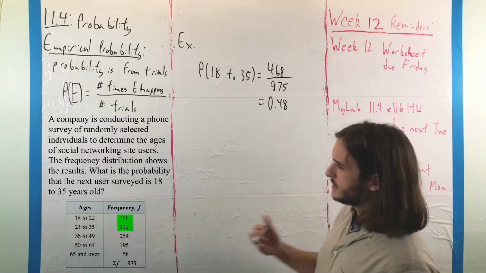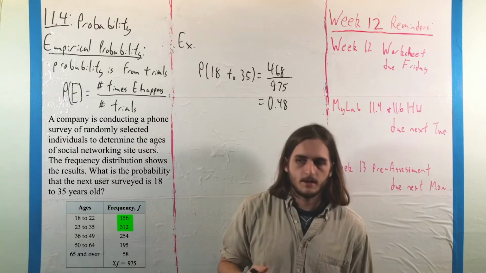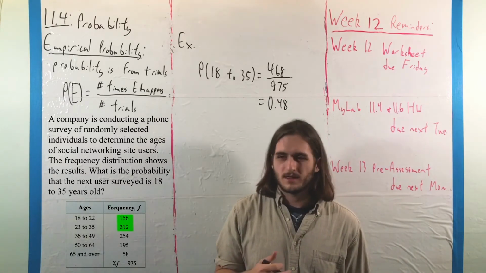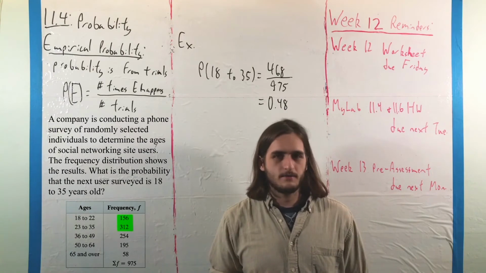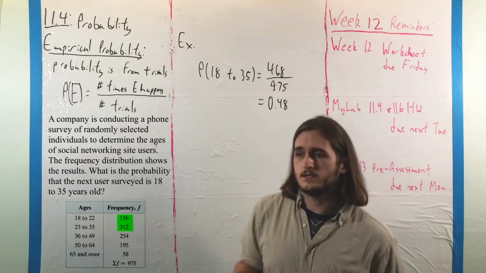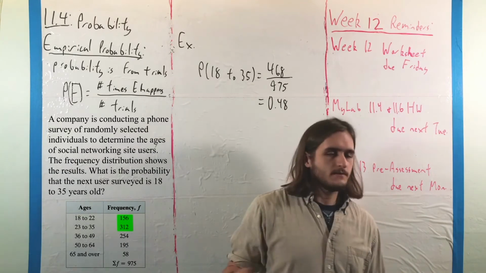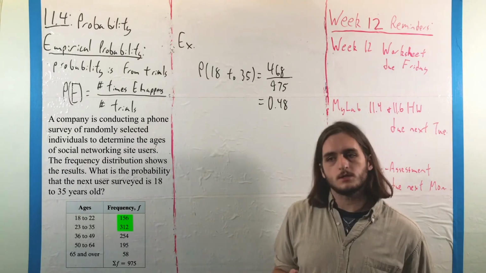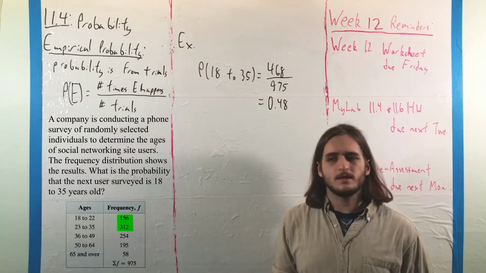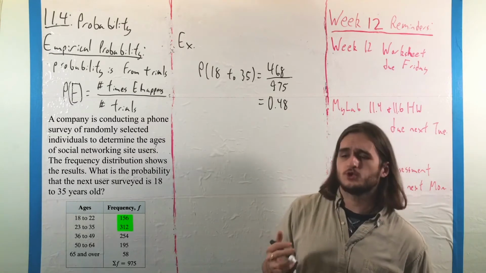Now I will say that keeping that idea in mind that I talked about at the end of the last video with empirical probability having some room for fuzziness is when we're taking data based on surveys, we're always leaving the door open for things to not be adequately representative or adequately drawn.